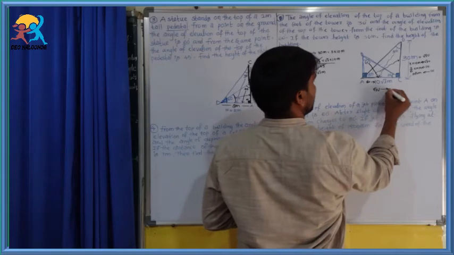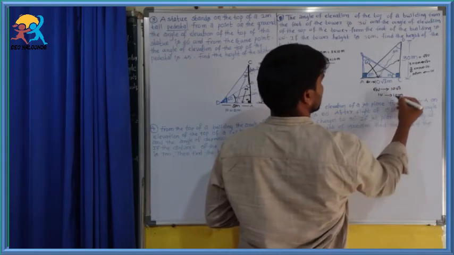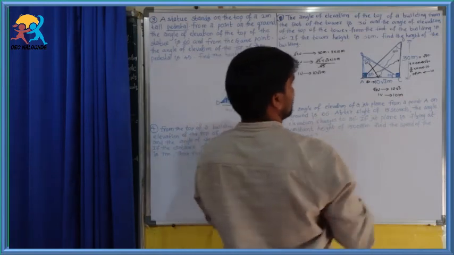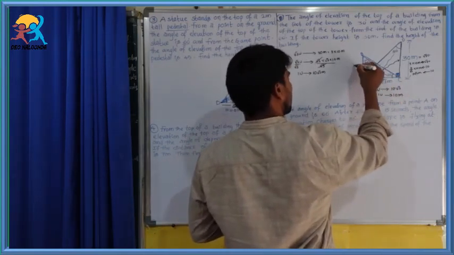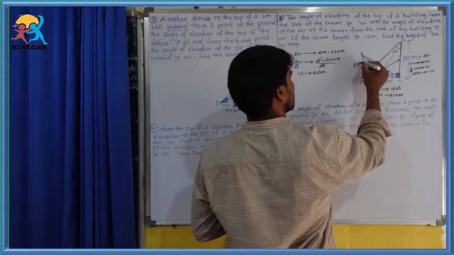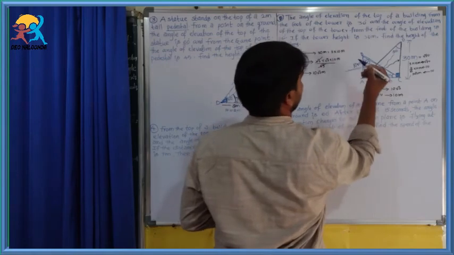Root 3 units value is 10 root 3, then 1 unit value is 10 meters. Therefore, opposite 30 degrees, side AB is 1 unit, that is 10 meters. Therefore, the height of the building is 10 meters.